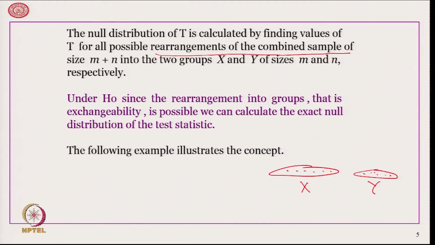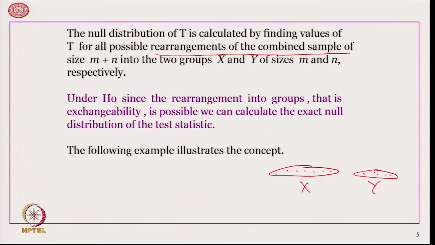Now, if x and y are coming from the same distribution, then each possible x could have been a member of y and each possible y could have been a member of x.